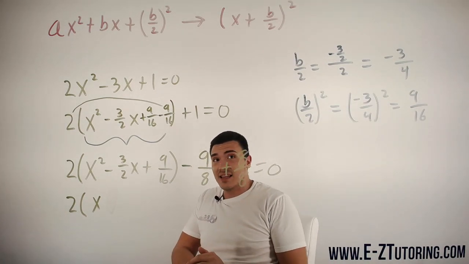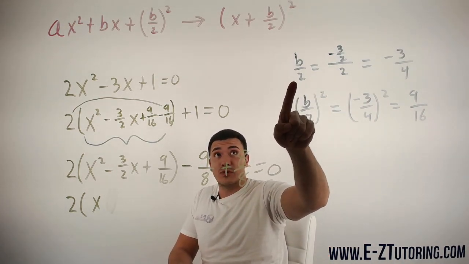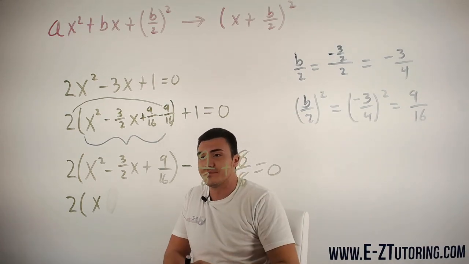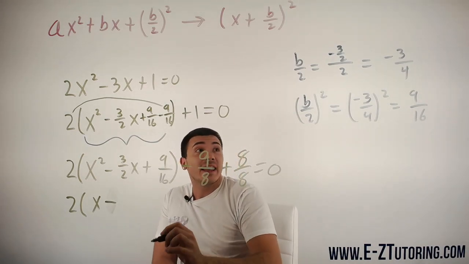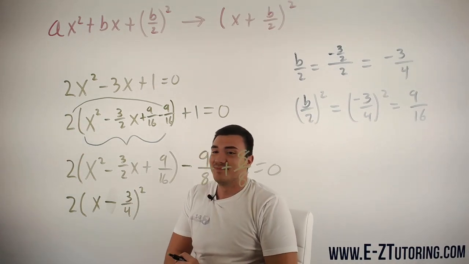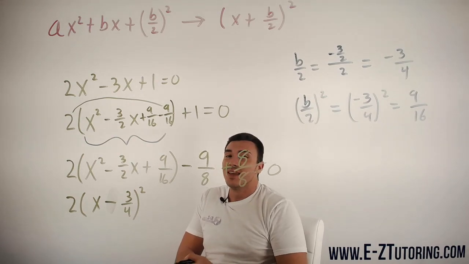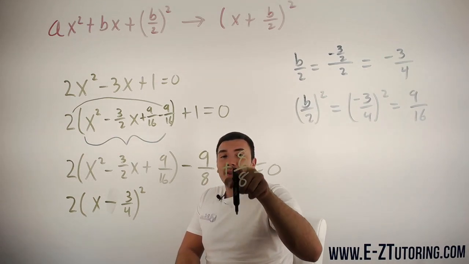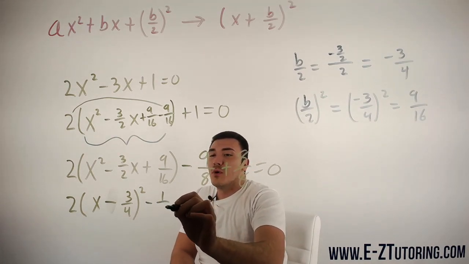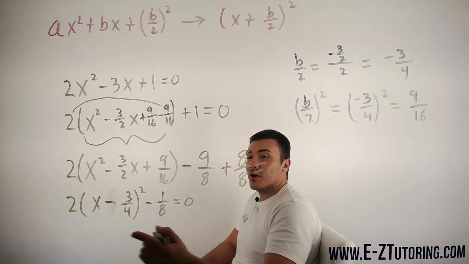So once again, I said this in my last video, you don't want to add b over 2 squared. You want to add b over 2 because it's x plus b over 2. So we'll put x minus 3 over 4 squared with the 2 still out front. Negative 9 over 8 plus 8 over 8 is simply negative 1 over 8. And now we are in vertex form.